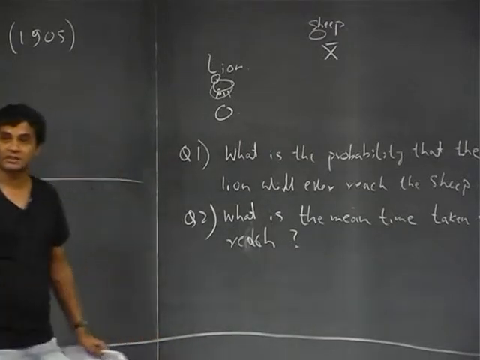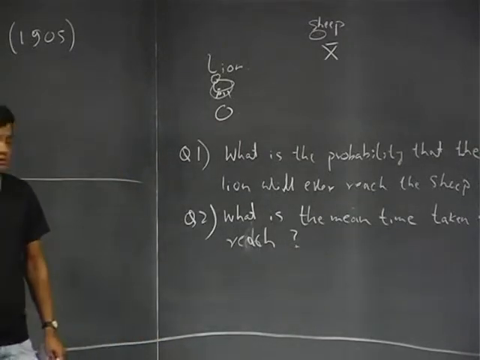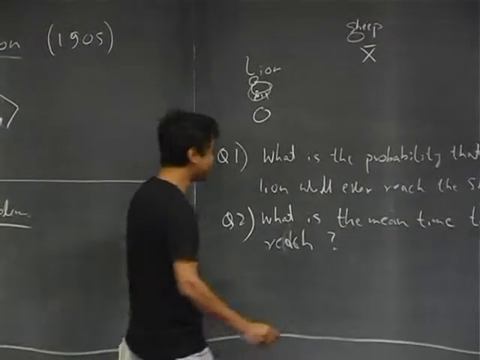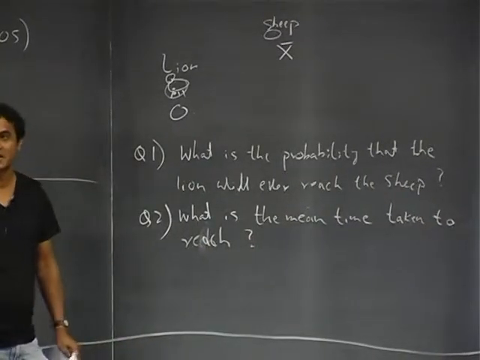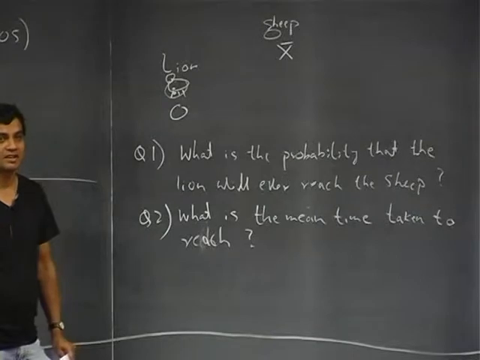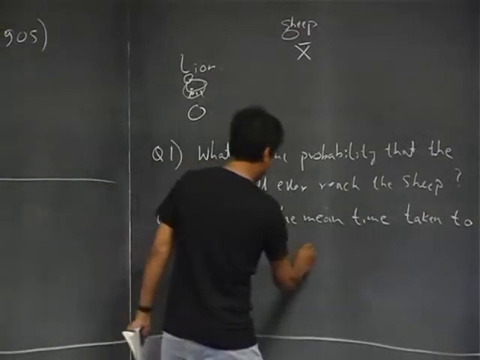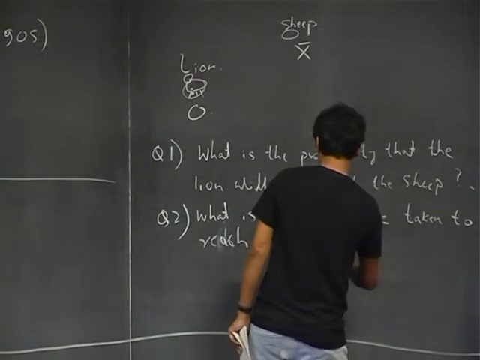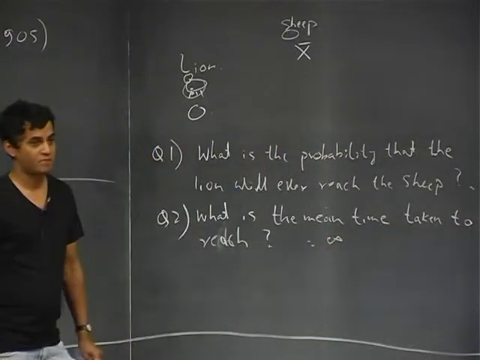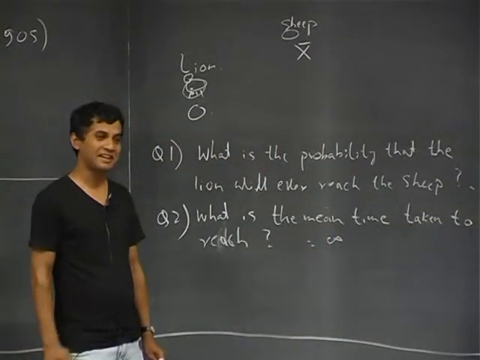What is the guess for this? Surprisingly, the answer is that even though you will reach, the time on average you'll take is infinite. So this is in 2 dimensions: the probability is 1, but the mean time is infinite.